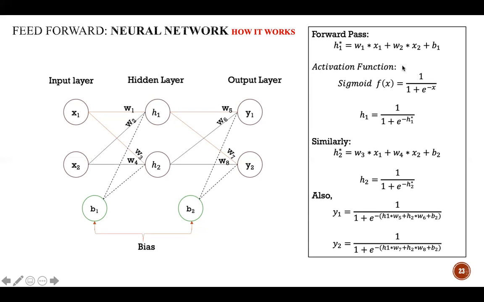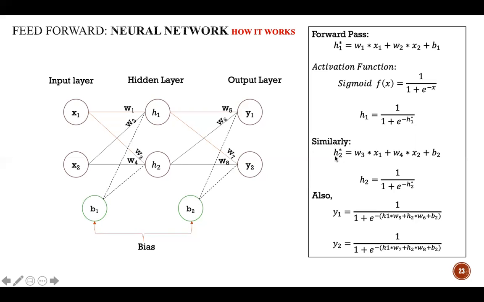And what is the activation function here? So you have a sigmoid function, and a sigmoid function can be defined as f of x is equal to 1 over 1 plus e to the power minus x. And what is h1 then? h1 is equal to 1 over 1 plus e to the power minus h1 star. Okay.